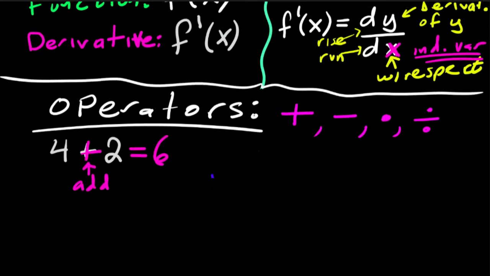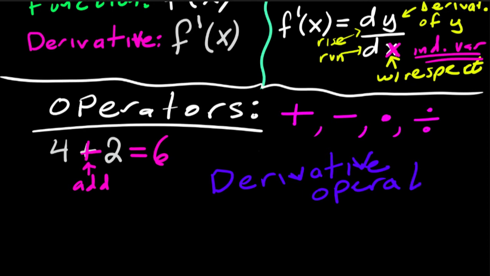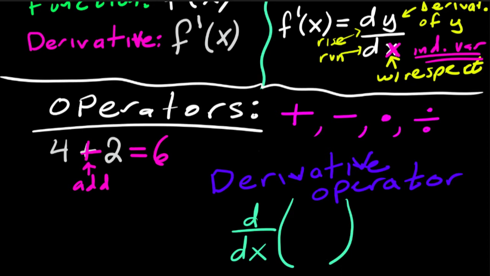The derivative operator looks like d over dx, and then you have a parentheses. Here, for example, we've got x squared, let's say. What this tells you, this is asking you to do something.